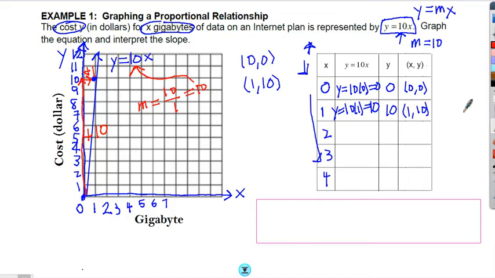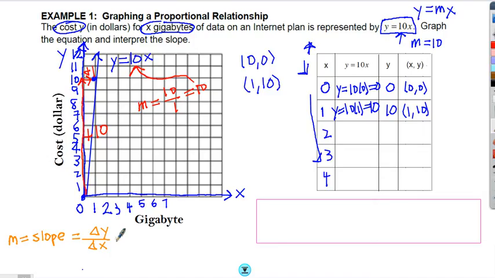Alright, so then what does it mean in this problem? Okay, let's break it down. So, m represents slope. And we know that slope, or rate of change, is change in y over change in x.